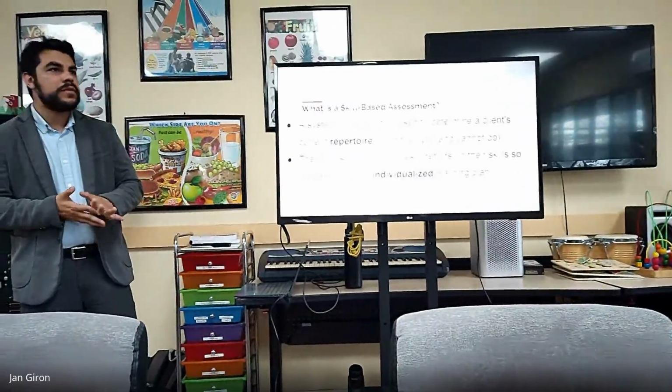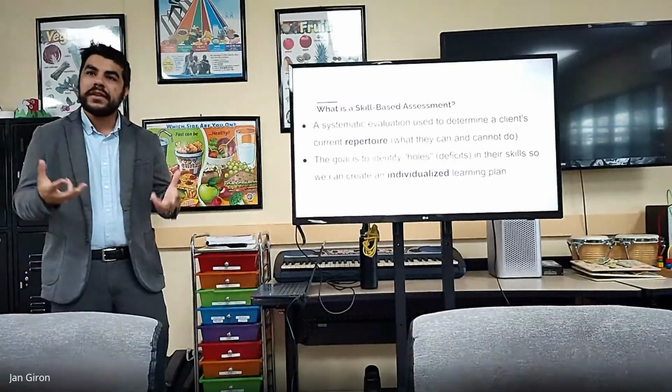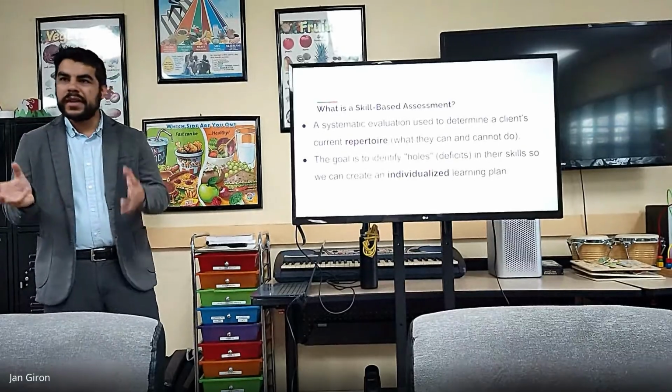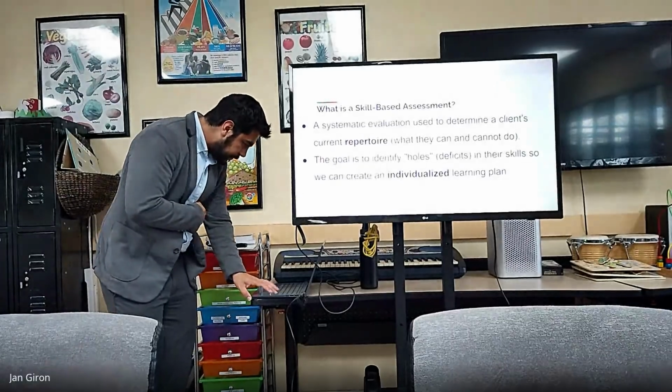All for the sake of developing an individualized plan that addresses their particular needs. Just like with the preference assessments, we're looking at what the individual finds preferred, finds reinforcing. It's all about making it applicable for the client at the individual level.